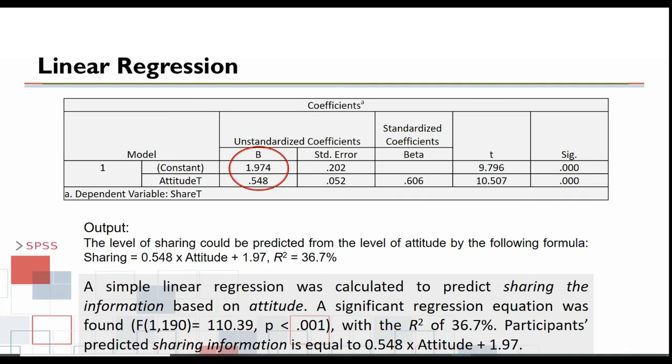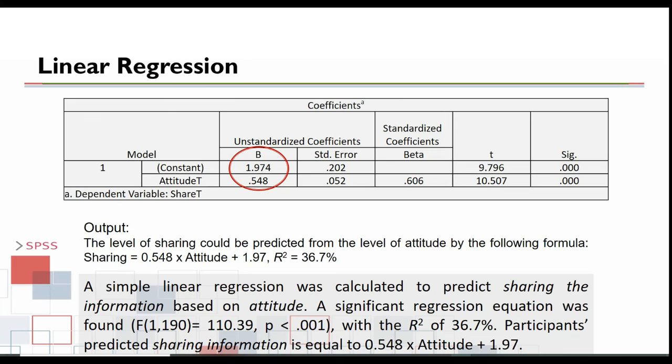And this is how you can report your linear regression. A simple linear regression was calculated to predict sharing the information based on attitude. A significant regression equation was found like this. You can report like this, with the R square of 36.7%, participants' predicted sharing information is equal to this.